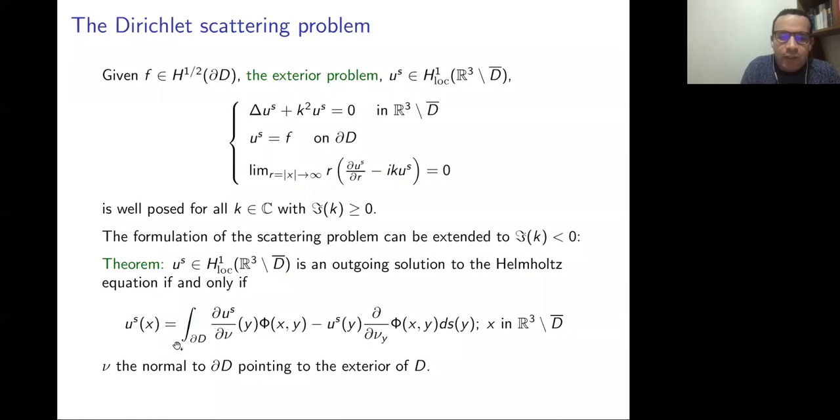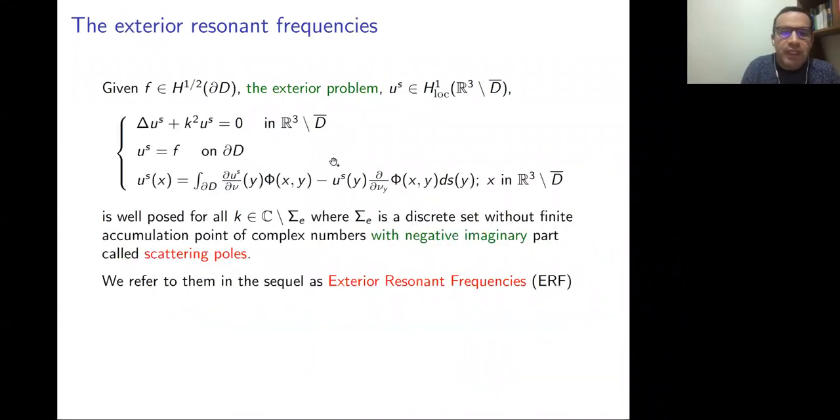And now the frequency is explicit, hidden in the phi, okay, I introduced it. And this expression for phi is analytic in all of R3. And so you can now extend this condition to the whole complex plane, and then you can reformulate the scattering problem as the following.